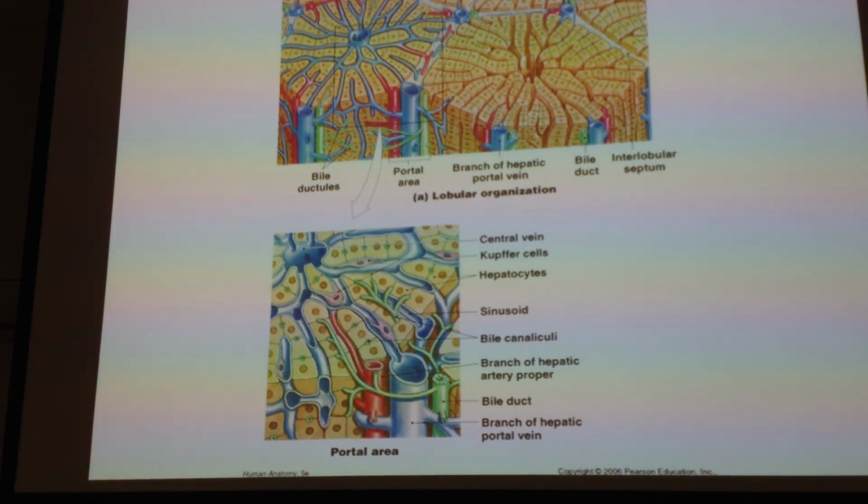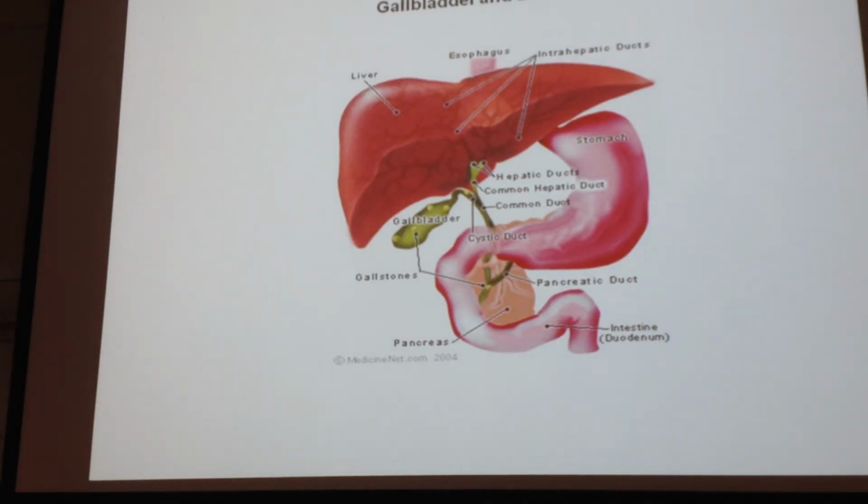Okay, so we'll talk about pancreas in lab, but before we leave, I want to diagram for you the pathway of bile flow. My screen's not going to go up, but I'll move over to the other side here, and hopefully you can see it from that side.